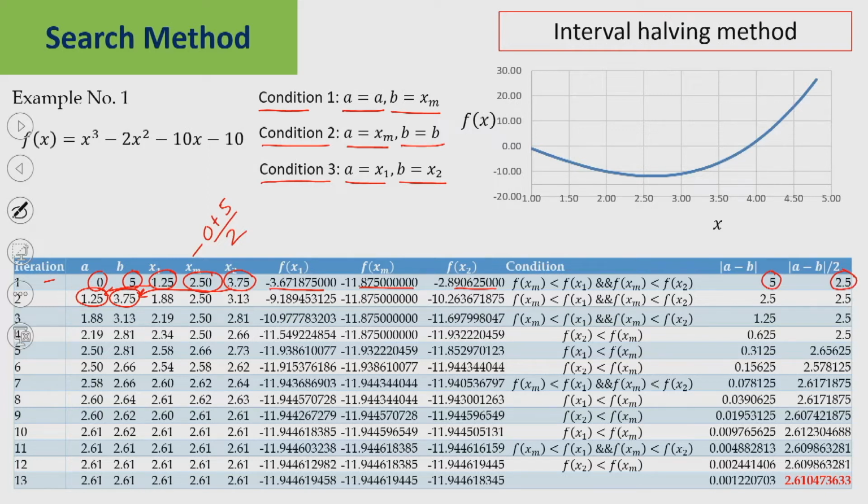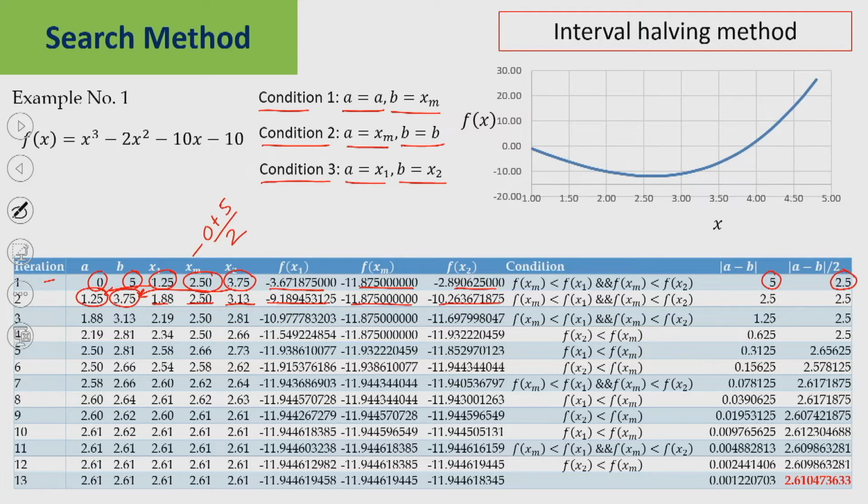Now I am getting the new a and b. In the second iteration, a equal to 1.25 and b equal to 3.75. Then I have calculated x1, xm and x2, and then you calculate the function value.